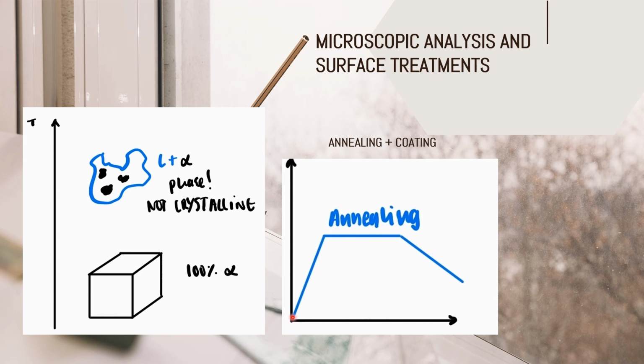Annealing consists basically in increasing your material temperature up to relatively high temperatures, and then reducing its temperature at a low rate. Not like quenching. Okay, quenching was something like this, a really steep slope. If we want normalizing, it would be an intermediate one, but to have those properties, we would like to perform some annealing.